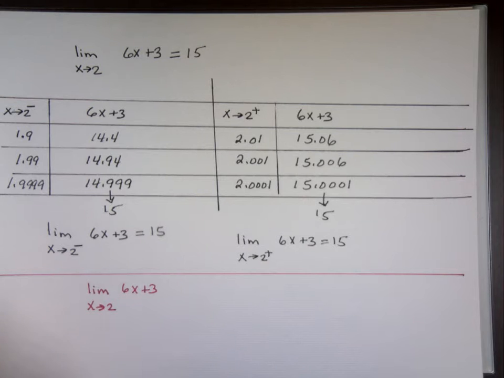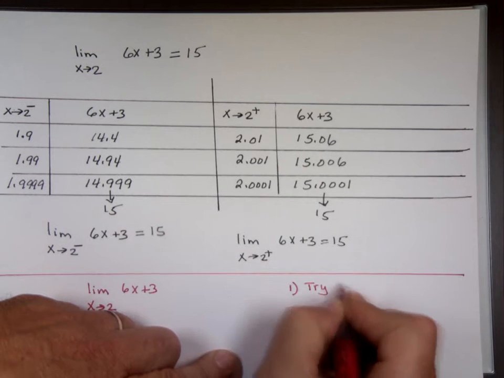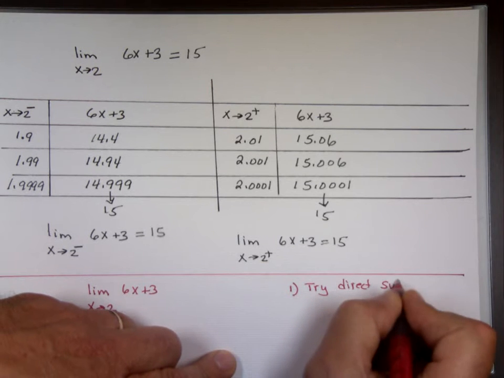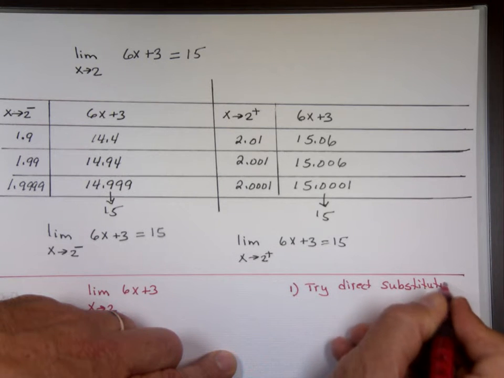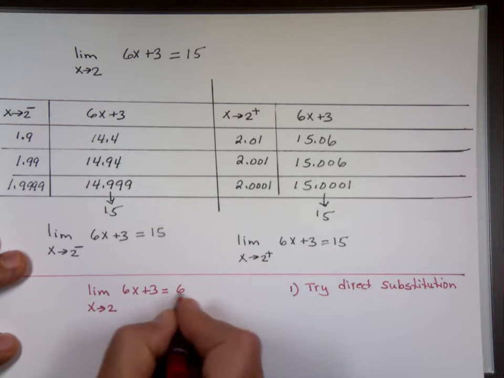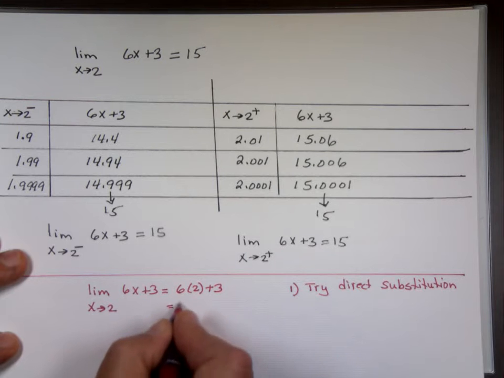My first method always, try direct substitution. That's my first step. Plug the 2 in. If you plug the 2 in, what are you going to have? 6 times 2 plus 3, which is what? If you come up with a number, that's your answer.